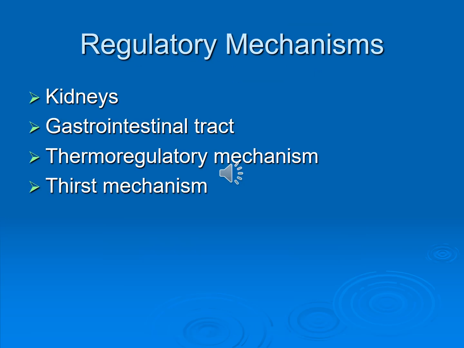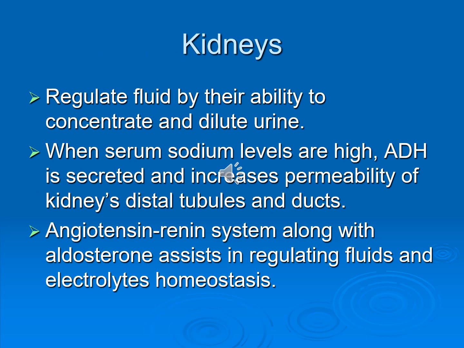So thinking back, you remember that regulatory mechanisms for fluid and electrolytes have a big focus on kidneys, the gastrointestinal tract, thermoregulatory mechanisms, and their thirst mechanism. Specifically with kidneys, they regulate the fluid by their ability to concentrate and dilute the urine.